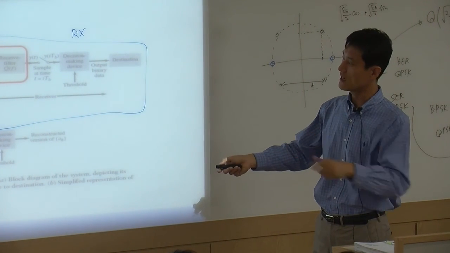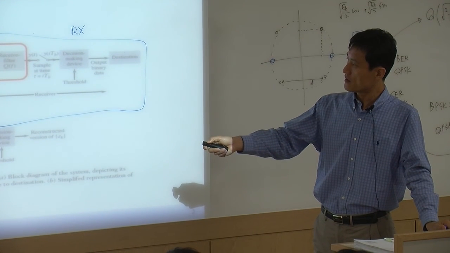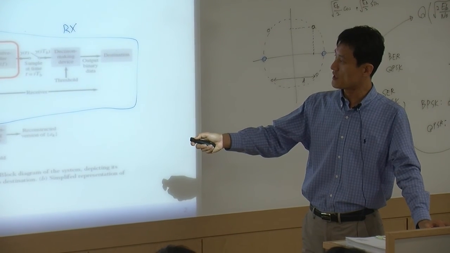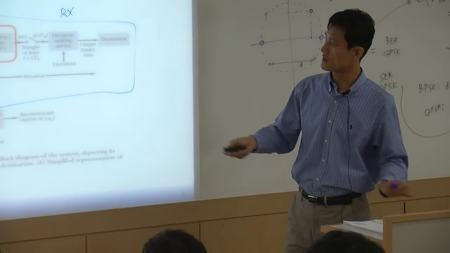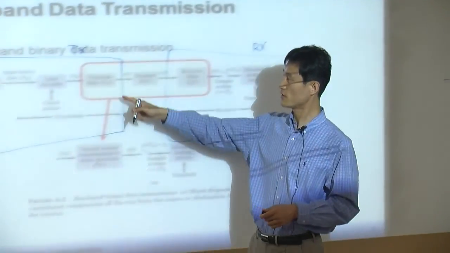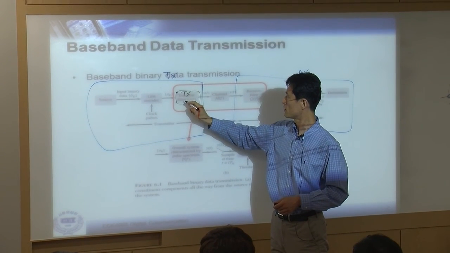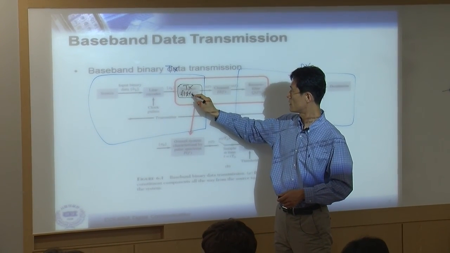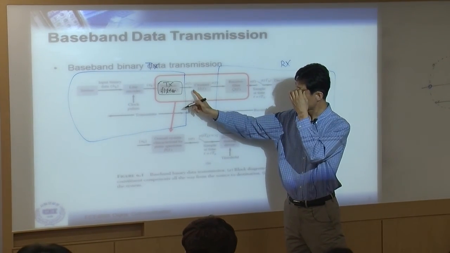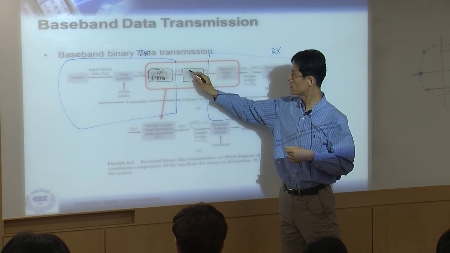Modulation is not an important part in this picture. But after you create the symbol, before you transmit through the antenna, you have a transmit filter. This particular block is called the transmit filter. And then you transmit to the channel. This is the channel.